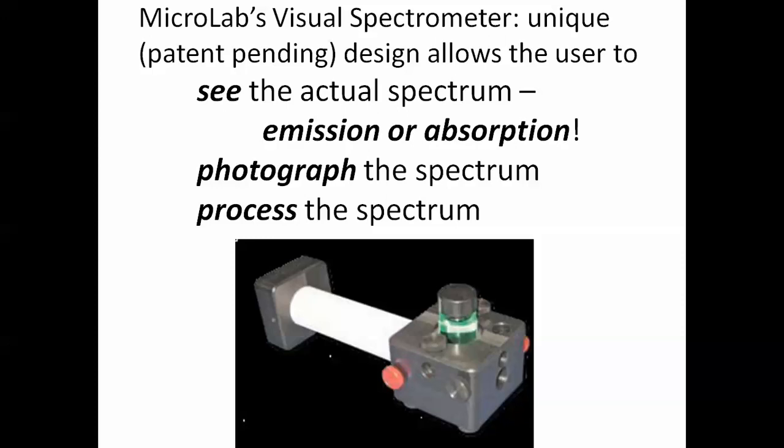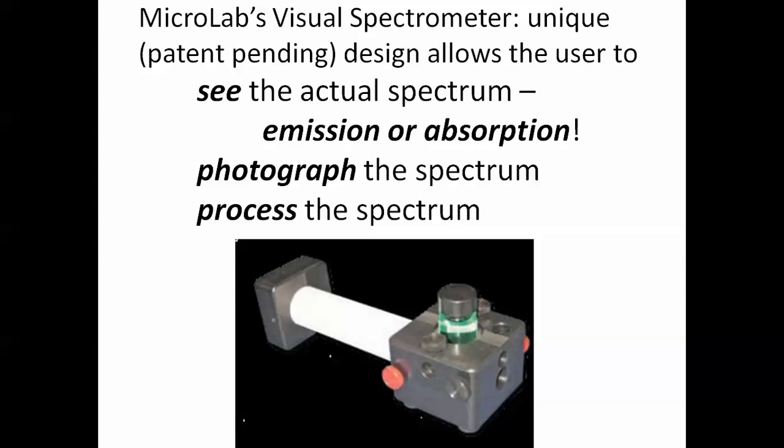In this case, with its unique design that includes a sample compartment between the slit and the diffraction grating, you can use these handheld spectroscopes for just pointing and shooting at the sky, pointing at any fluorescent light or whatever, but you can also use them to photograph an emission spectrum or an absorption spectrum, and then process the spectrum using shareware and spreadsheets such as Excel in order to create a graphical rendering of intensity.